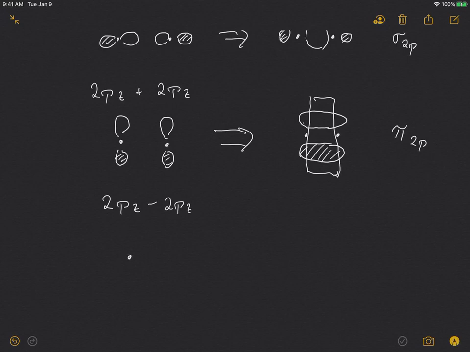Now if we flip the sign on one of those, then there's going to be a different sort of interference pattern that we see in the resulting orbital.